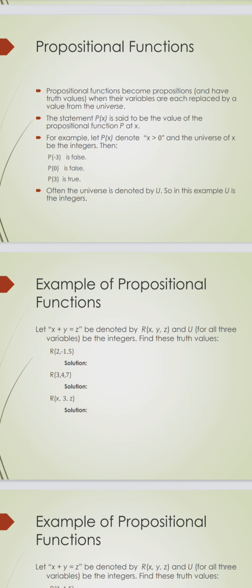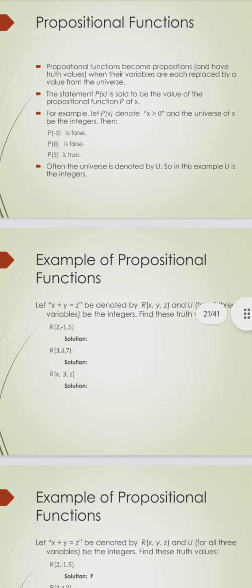In this example, U is the integers. Another example of propositional functions: the equation x plus y equals z is denoted by R of x comma y comma z, in three variables, where U is the universe. Take the integer set and find the truth value of R of 2 comma minus 1 comma 5.